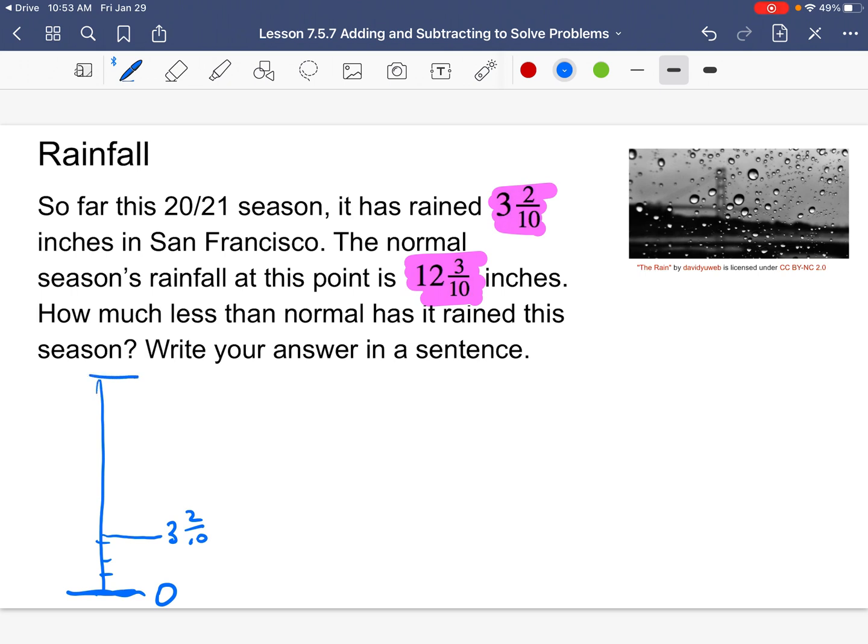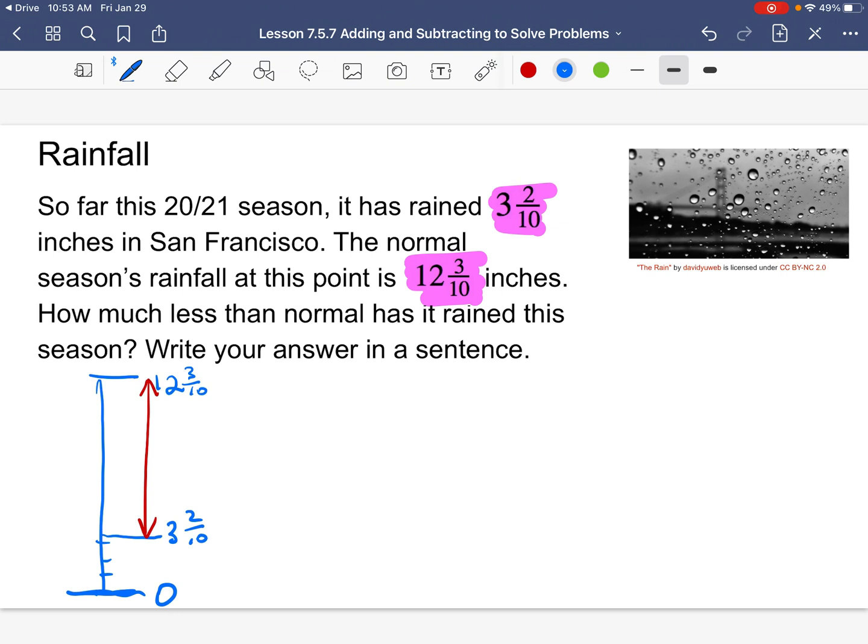This is just a rough drawing. 12 3/10. And what is the distance from here to here? How much more is 12 3/10 than 3 2/10?